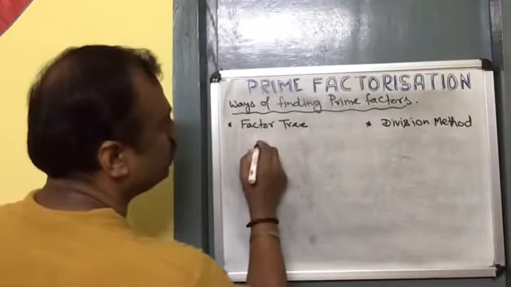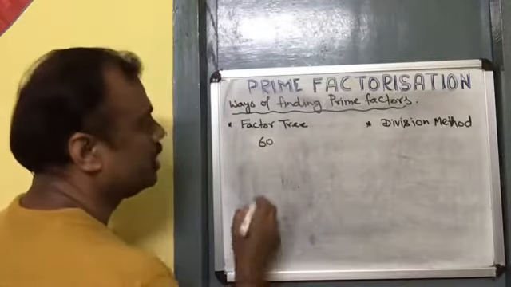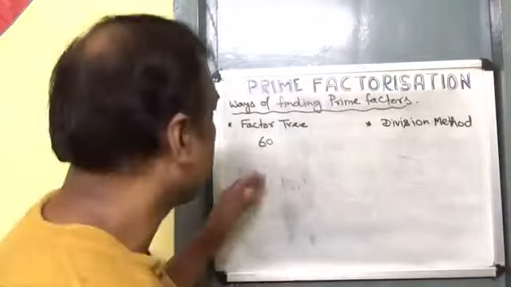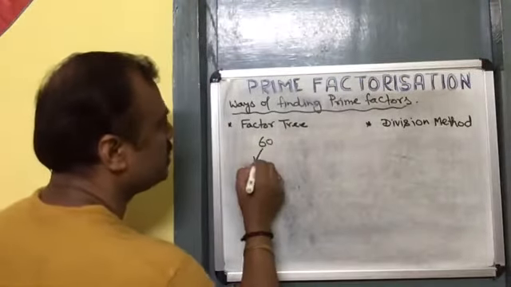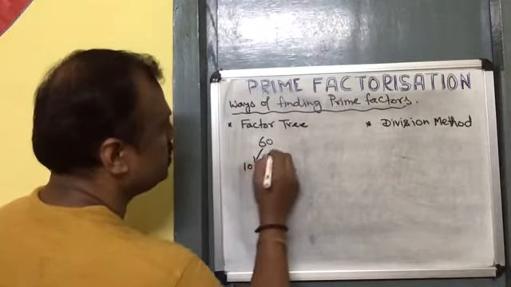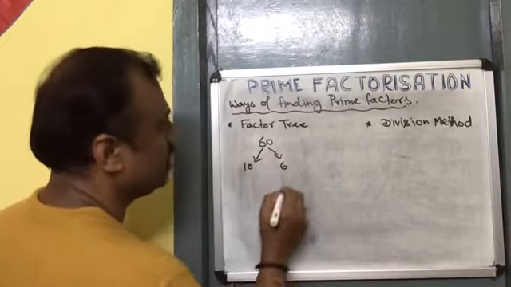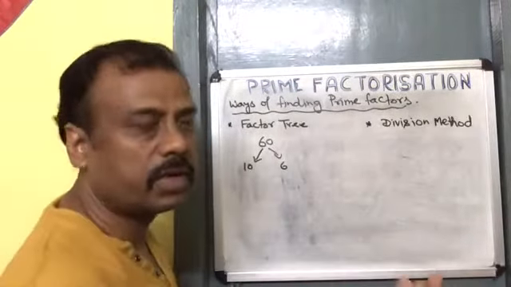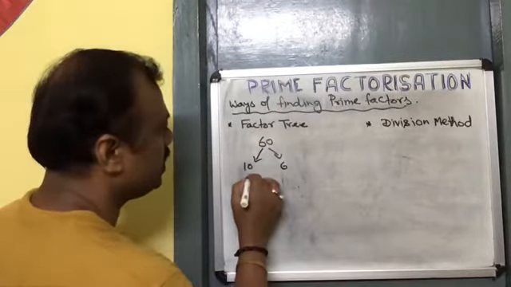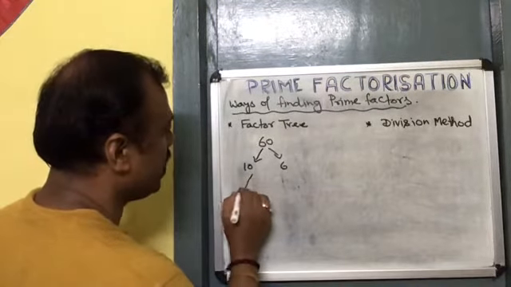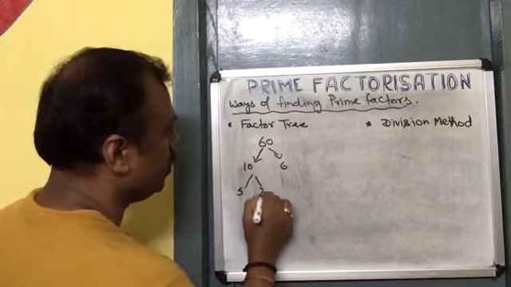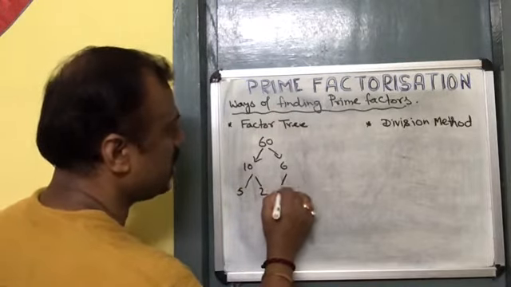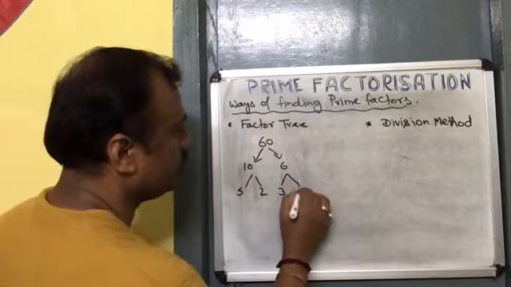By factor tree, I can write 60 as 10 into 6. Again you factorize, writing each as a product of two numbers. So I can write 10 as 5 into 2 and 6 as 3 into 2.